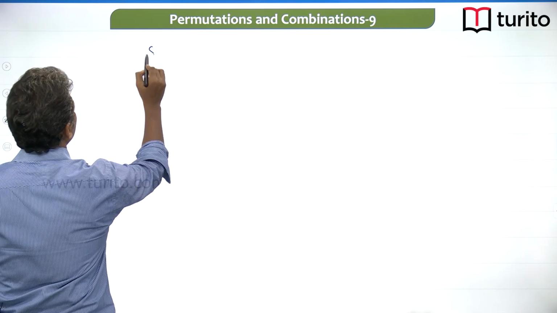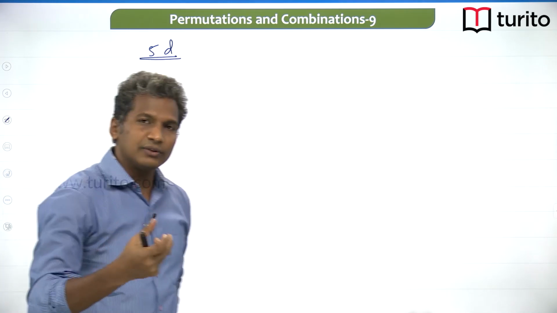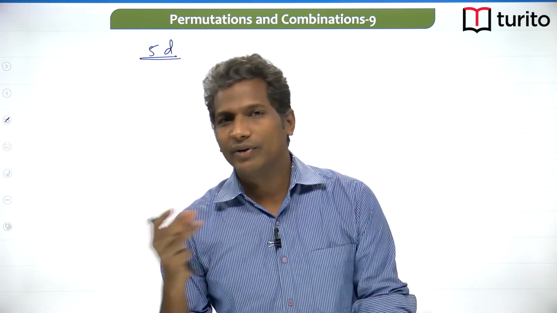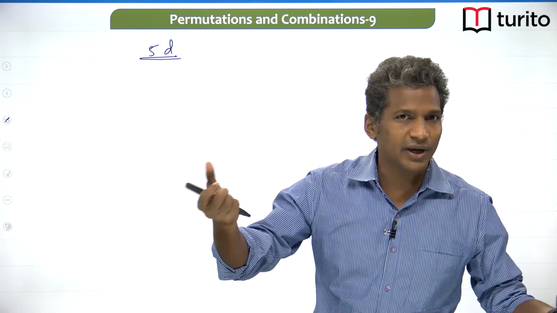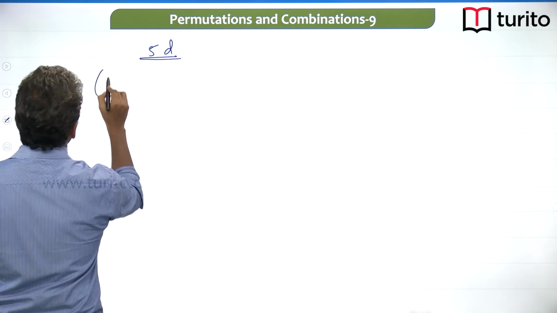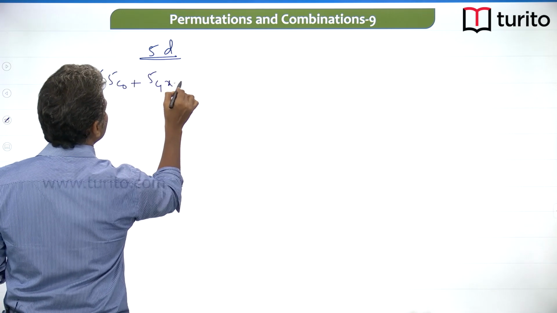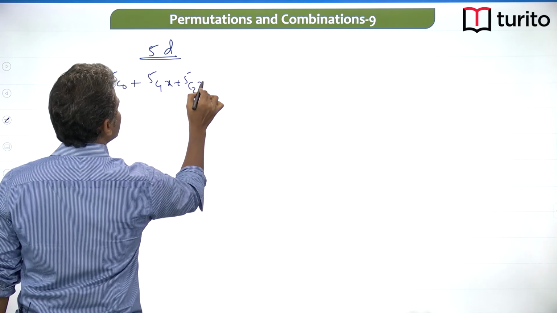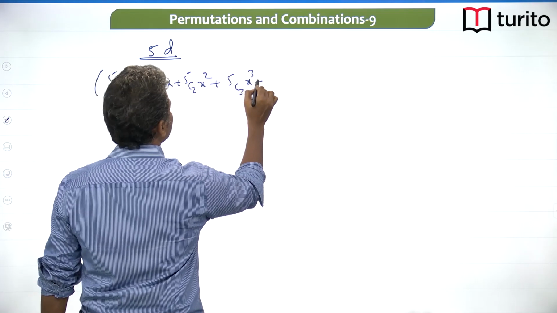So here, for selection of 5 different objects, how do we write the polynomial? It is going to be (1 plus x) whole raised to 5, right. So it is going to be 5C0 plus 5C1 into x plus 5C2 into x square plus 5C3 into x cube. So let me just write all of them.